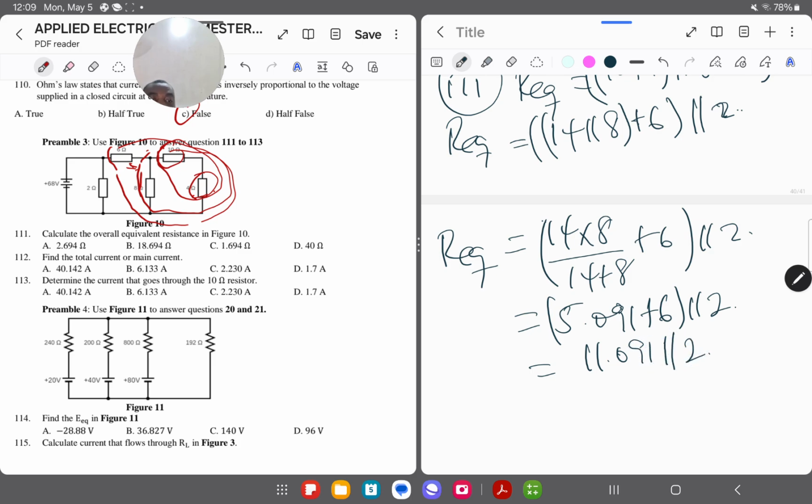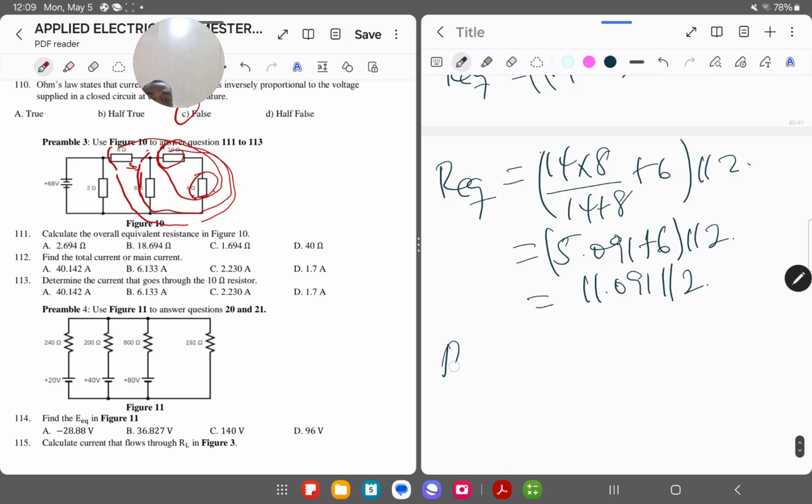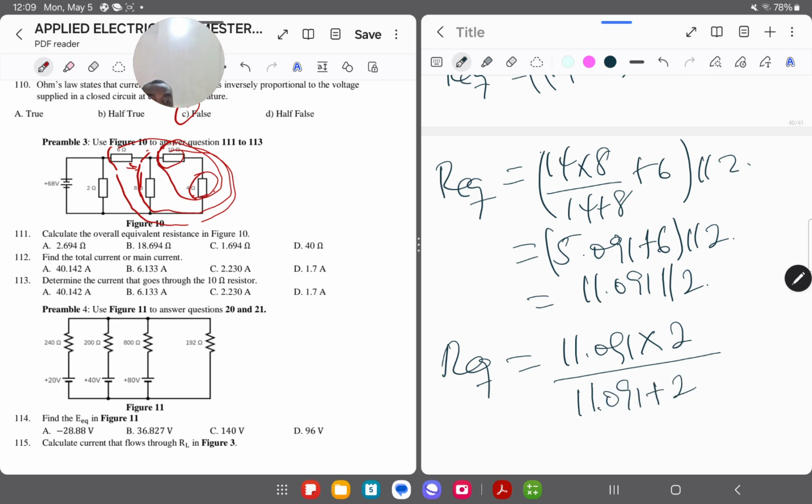Now it's in parallel with 2 ohms, so we do the last operation, which is 11.091 times 2 over the sum, so this will be times 2 divided by 11.091 plus 2.